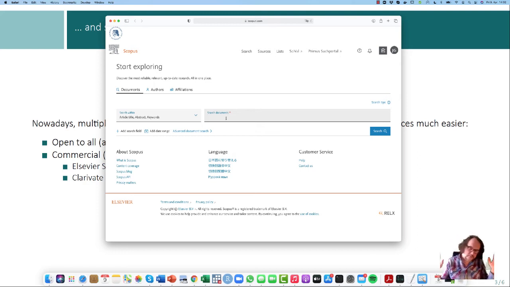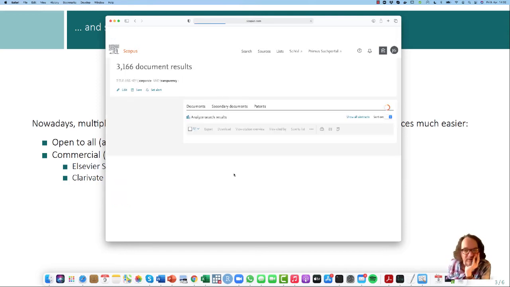Now let's assume, well, we are in a course on corporate transparency. Why don't we look for corporate transparency, right? Corporate transparency. By the way, it's always awkward to type and read at the same time for me, so don't worry if I mistype or whatever.